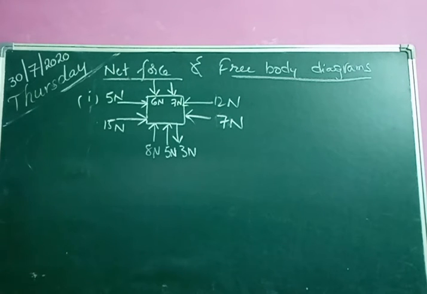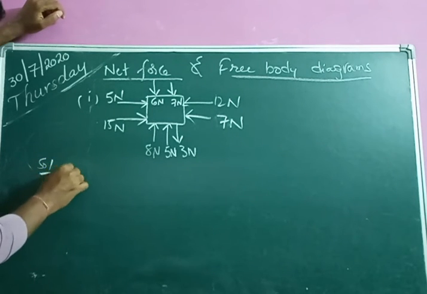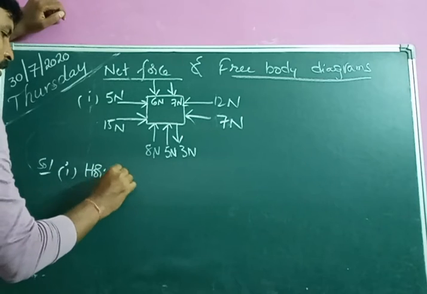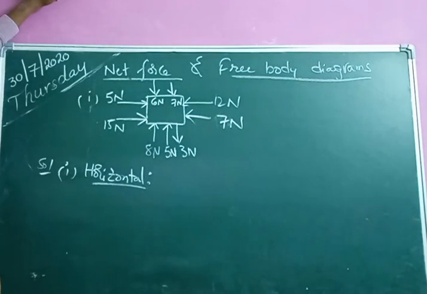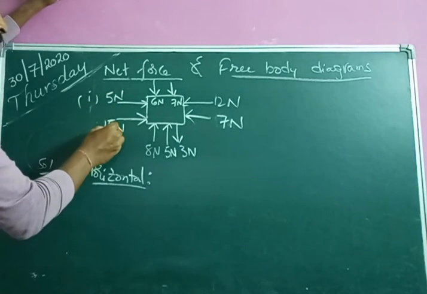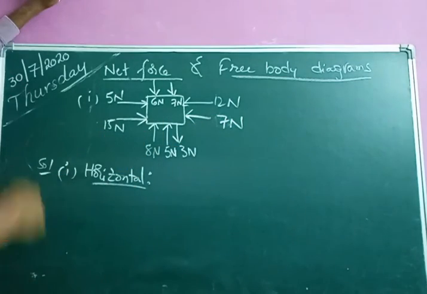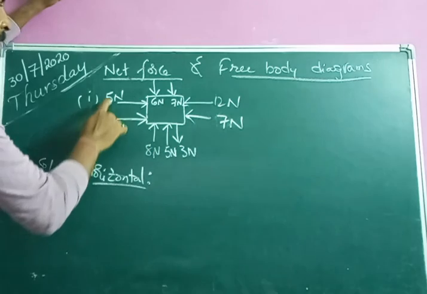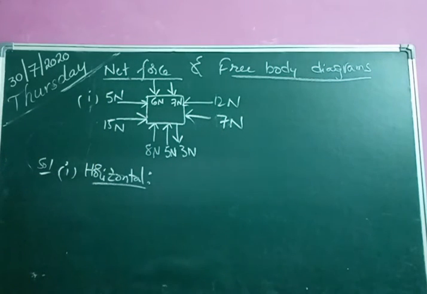So the net force, in the first case, is in the horizontal direction. In the horizontal direction, 5 newtons and 15 newtons act in one direction, and 12 newtons and 7 newtons act in the opposite direction. Now 12 plus 7 is 19, but 15 plus 5 is 20. So 20 is greater than 19.